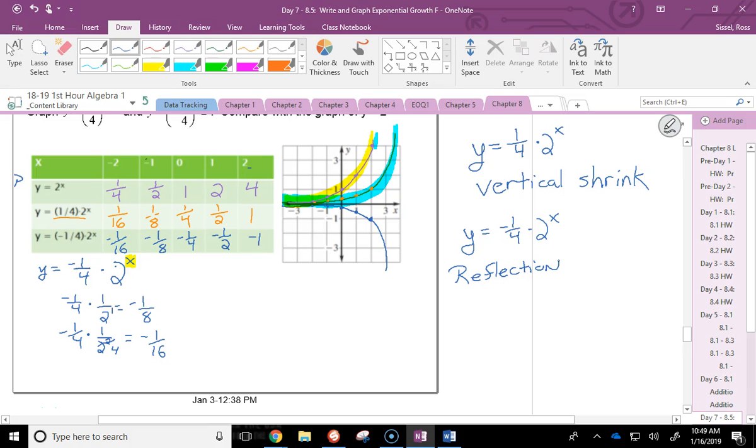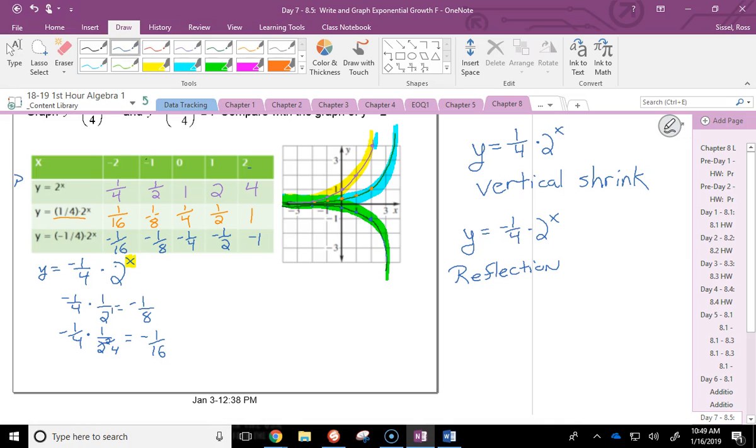But if I compare it once again to this parent, it's not only a reflection, because now it's decaying instead of going up, but it's also like the second one that shrunk, because it went out wider. So when I look at this one, it went the opposite and it went wider.